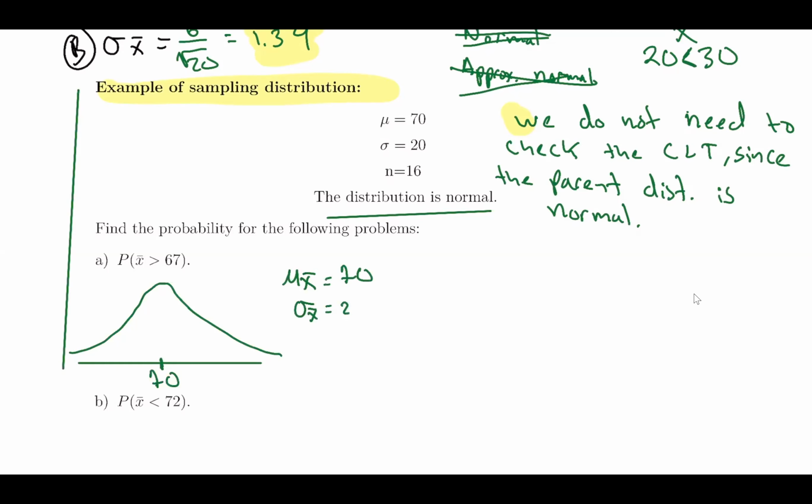Perfect. You do 20 divided by square root of 16, and that gives you 5. Any questions about how I got mu of x bar is equal to 70 and sigma of x bar is equal to 5? Okay, so for this problem, I'm actually going to find the z-score.